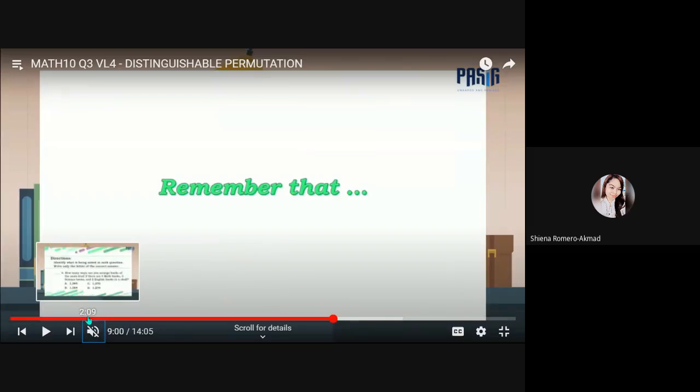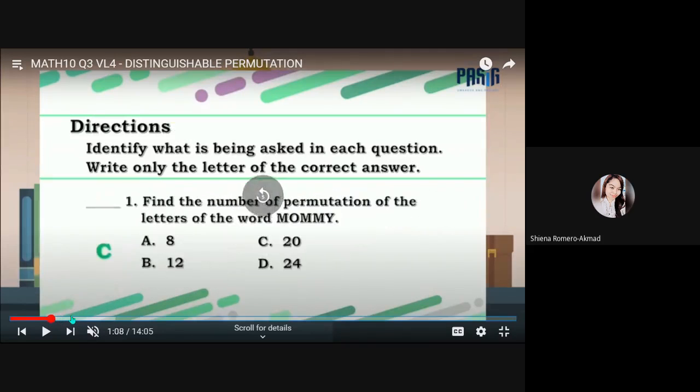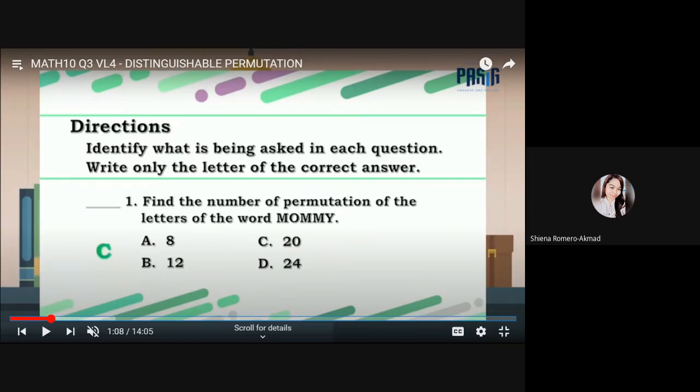Let's go back to our pretest. For sure, this will be easy for you now. For number 1, find the number of permutations of the letters of the word mommy. How many letters are there in all? 1, 2, 3, 4, 5. 5 letters. So, 5 factorial divided by 3 factorial.